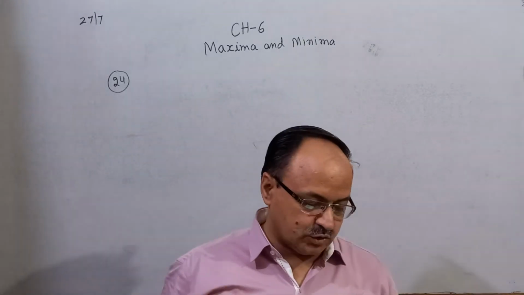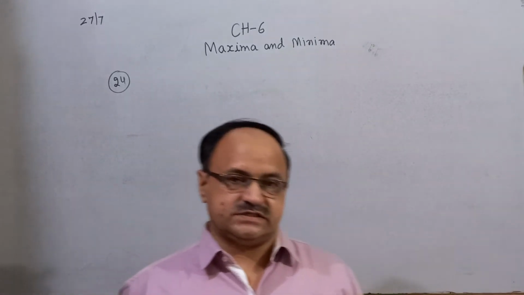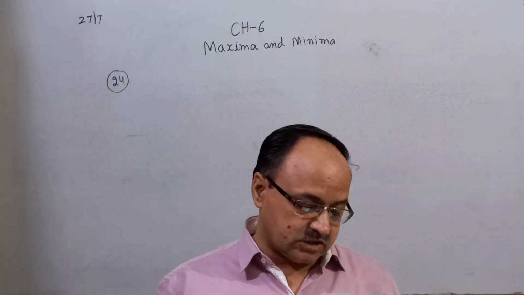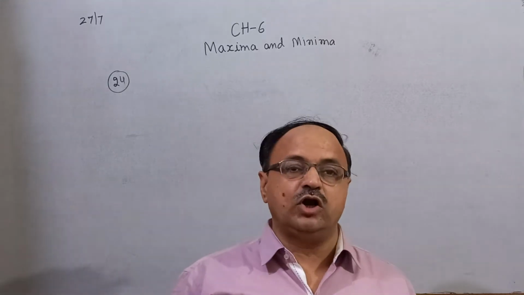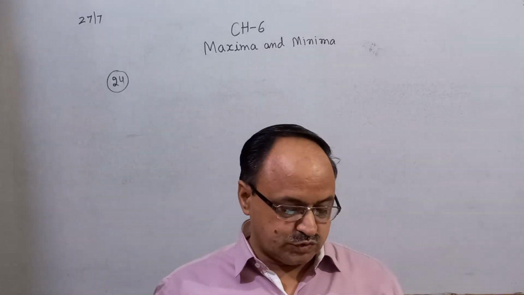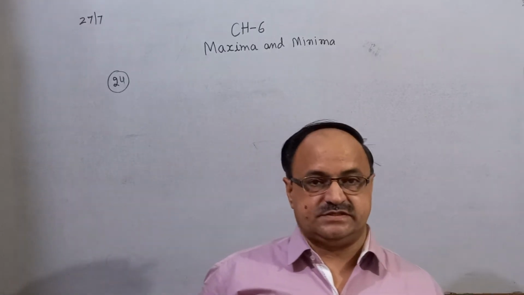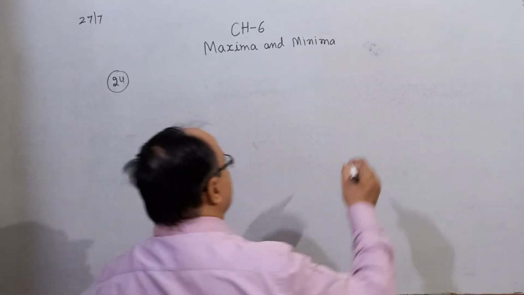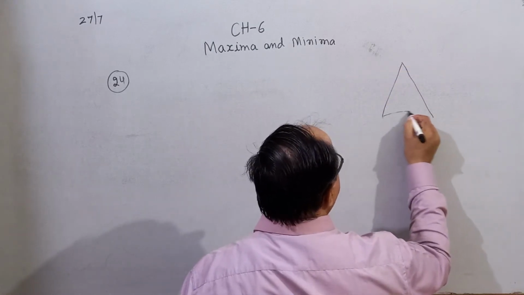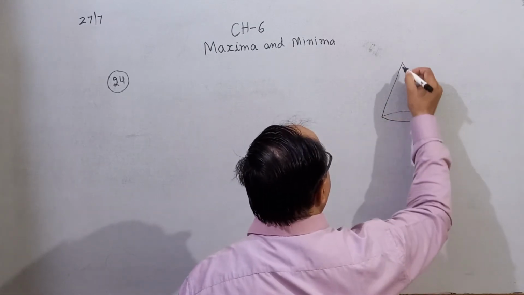Show that the right circular cone of the least covered surface and given volume has an altitude equal to root 2 times the radius of the base. Here a cone is given.